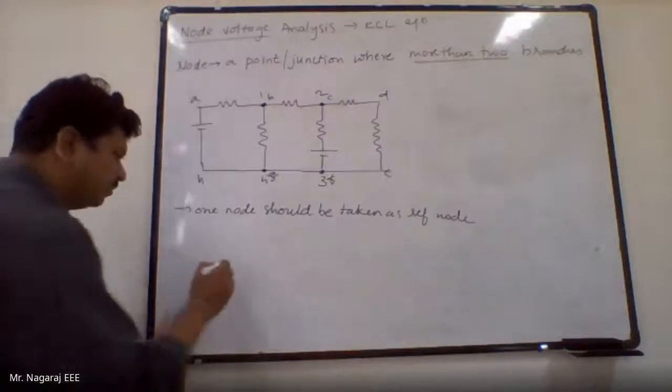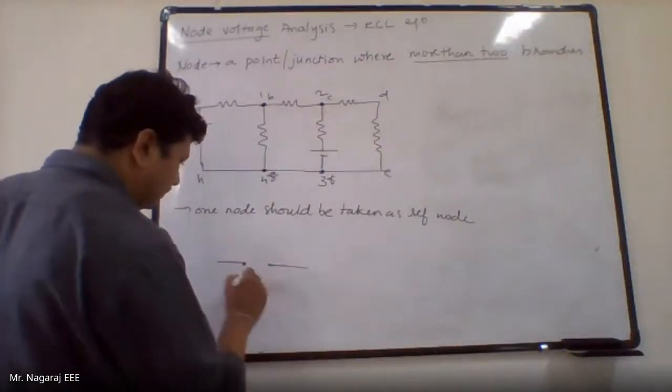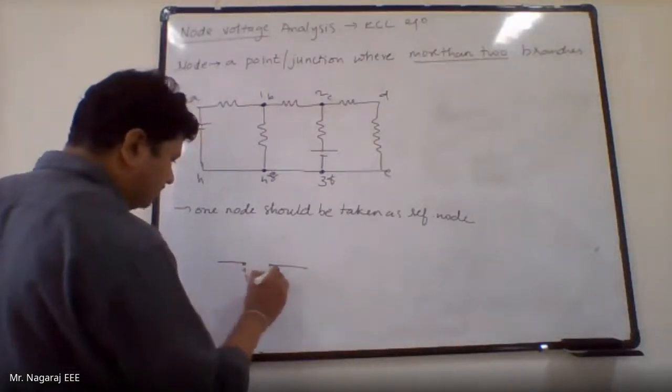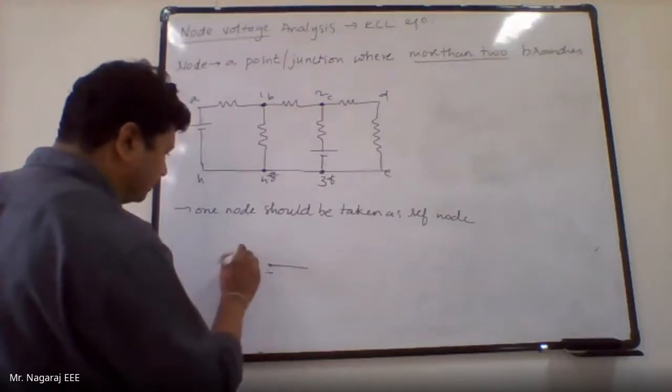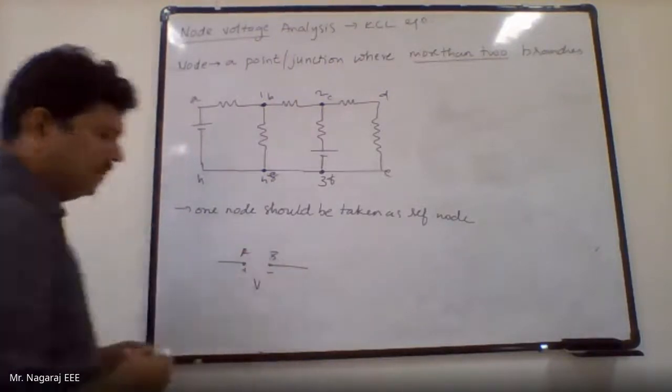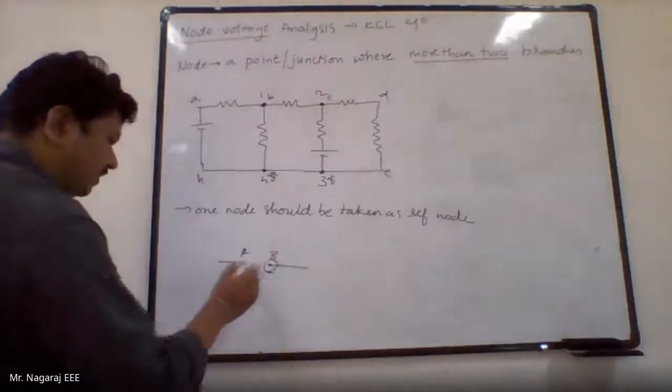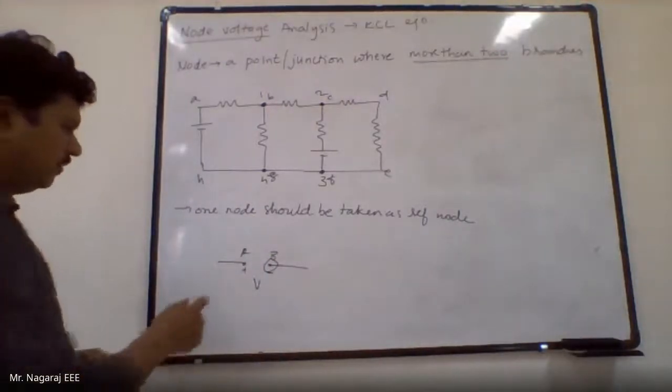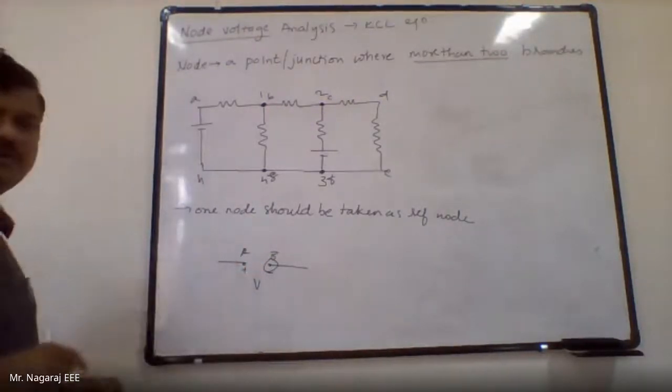Voltage is always between 2 points. Unless and until I have another point, it is very difficult for me to define voltage with respect to A.